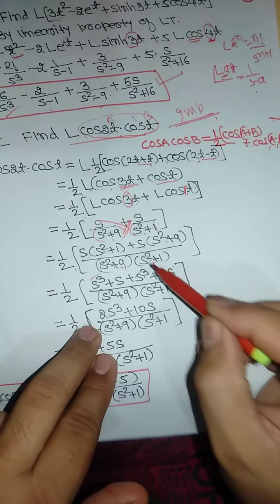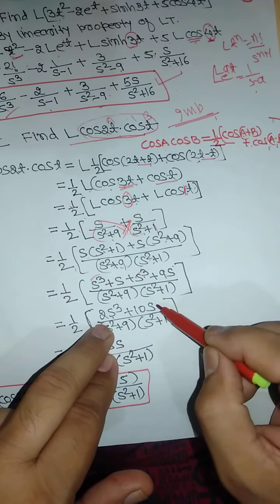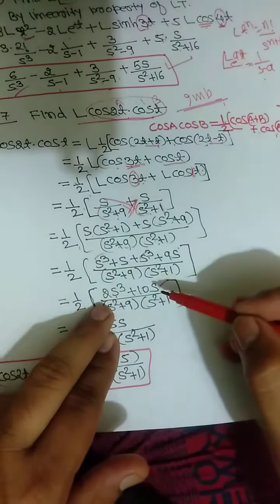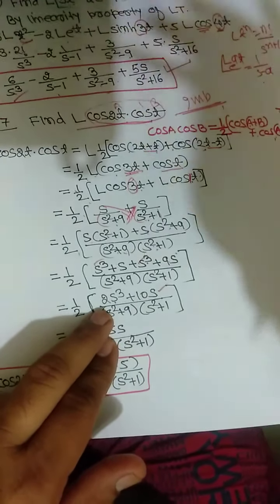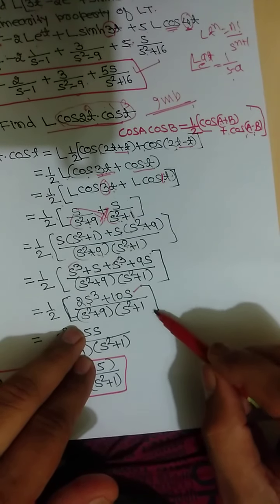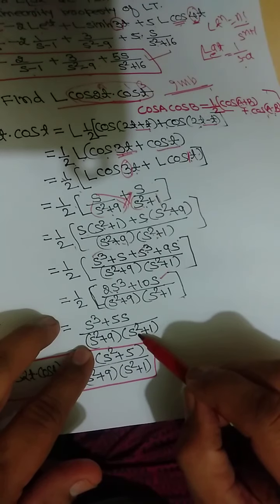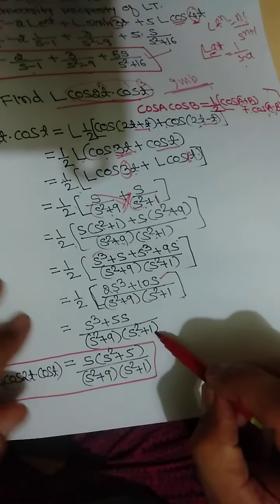So s cube plus s cube is 2s cube, plus s plus 9s is 10s. So we get 2s cube plus 10s upon s square plus 9 into s square plus 1, and with the 1 by 2, s cube plus 5s upon s square plus 9 into s square plus 1.